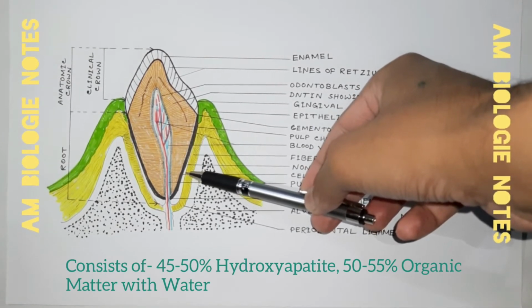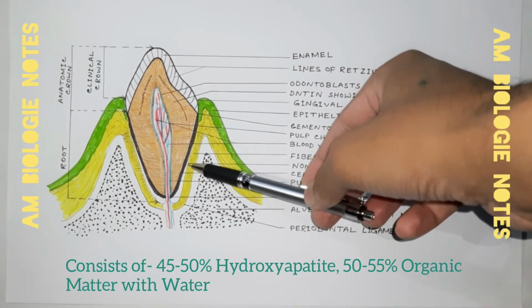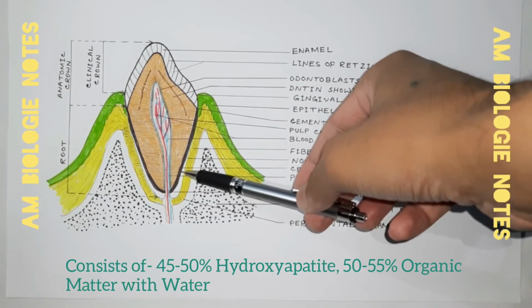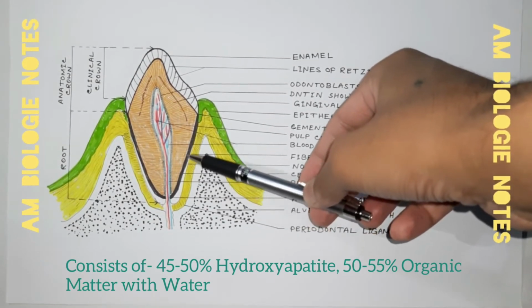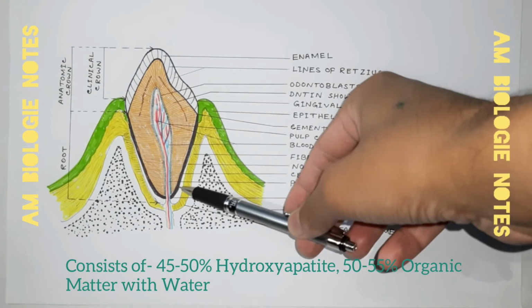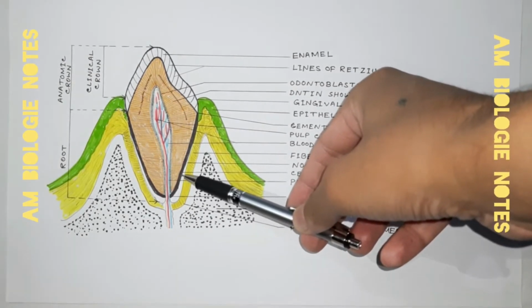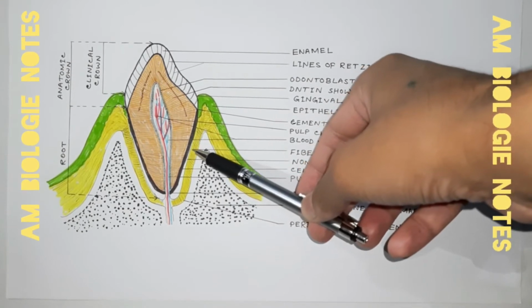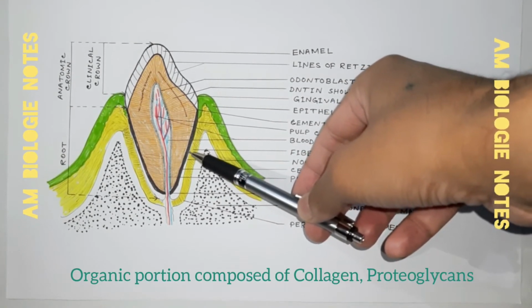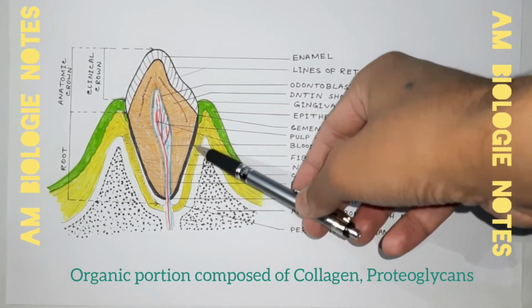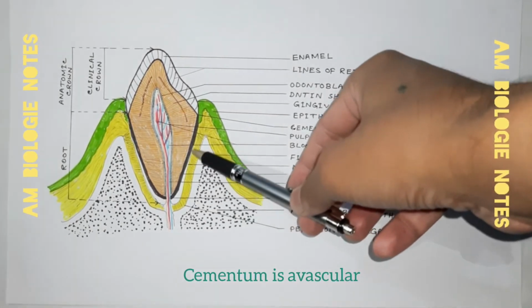It consists of about 45 to 50% inorganic material by weight and 50 to 55% organic matter and water by weight. The organic portion is composed primarily of collagen and proteoglycans. Cementum is avascular.